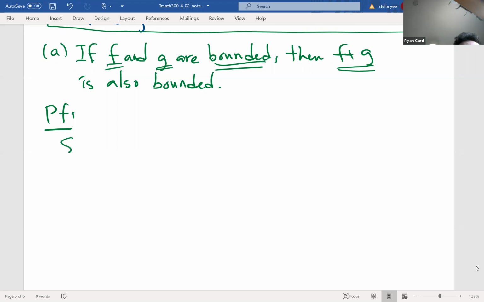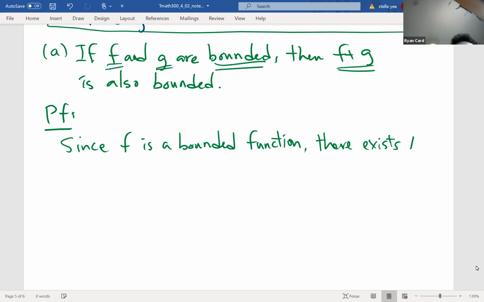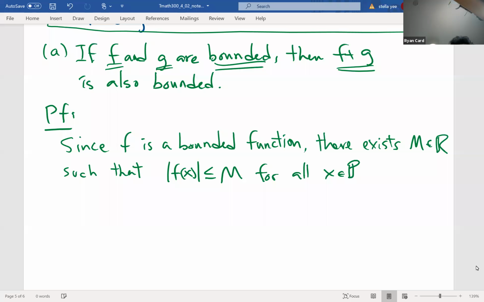Since f is a bounded function, that means that there exists some real number m such that the output of the function, the absolute value of f of x, is less than or equal to that same constant m for all input values. In this case, this is a real function, so for all real numbers.